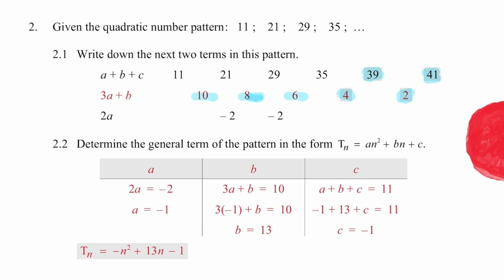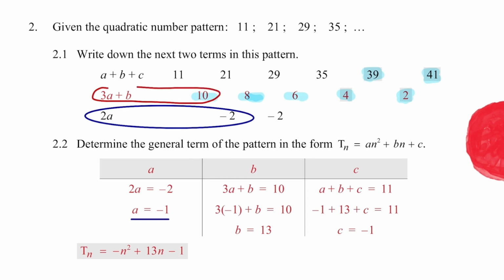Now, in order to work out our formula, we are going to connect 2a with the second difference value of minus 2 and use that information to find out that a is equal to minus 1. Then we are going to find 3a plus b equal to 10, because that's the value of the first difference. We're going to substitute the value of a, which we have already found, into the formula and work out that our b value is equal to 13.